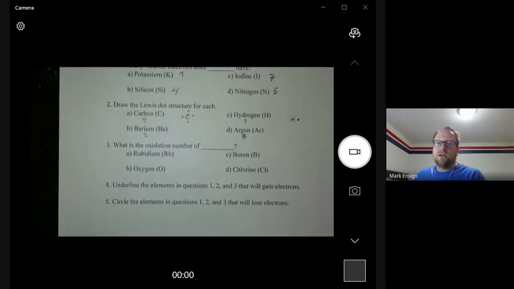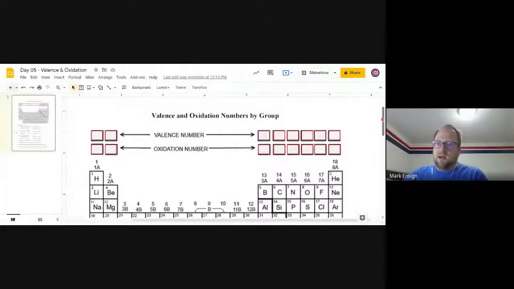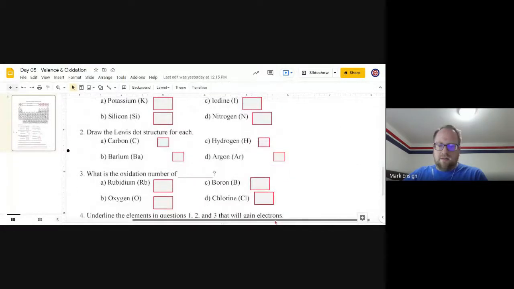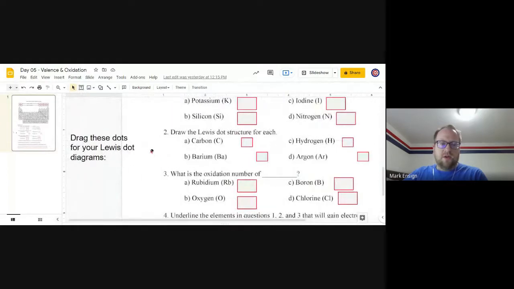Okay, now for your assignment, let me show you this. Oh, that's not what I wanted. So for your assignment, I made these little dots on the side of the slide for you to drag over in order to make your dot diagram.